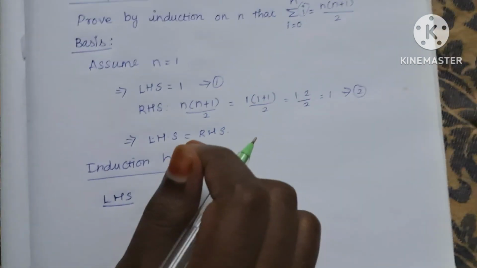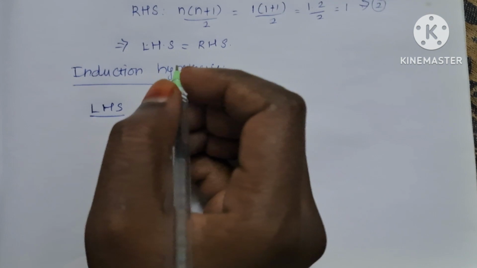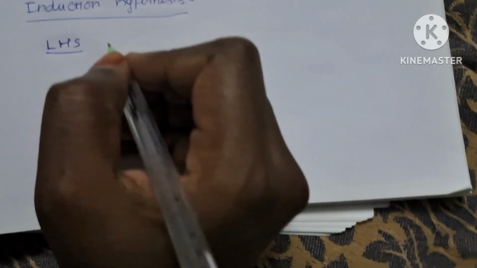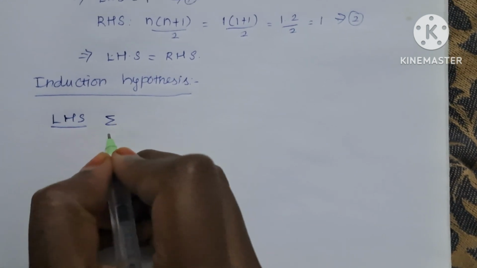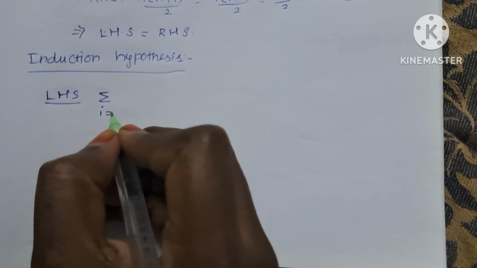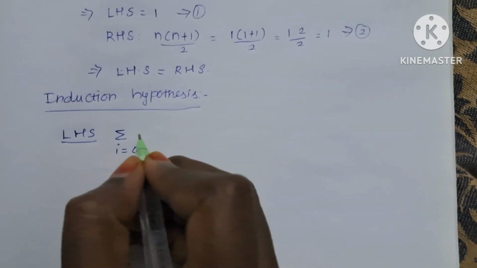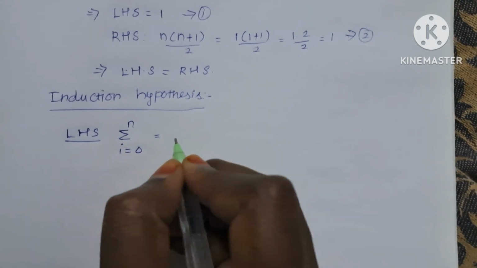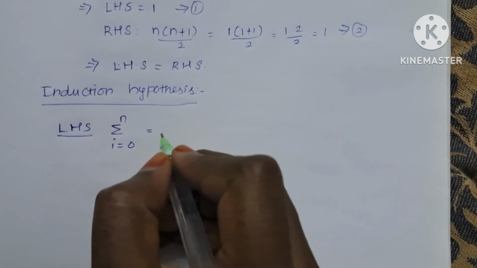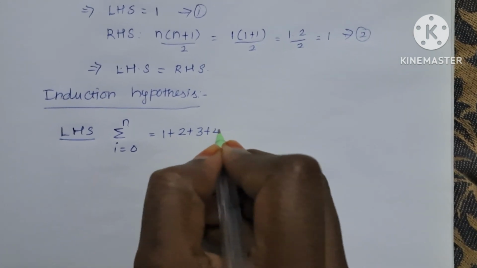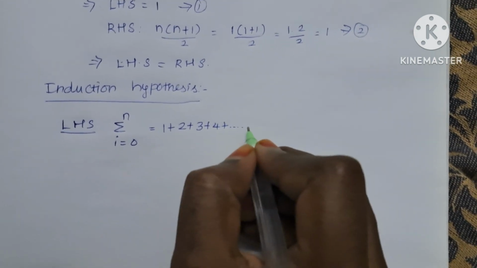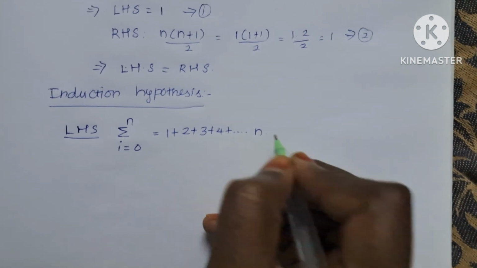Left hand side equation is summation i equal to 0 to n, which can be written as 1 plus 2 plus 3 plus 4 up to n.